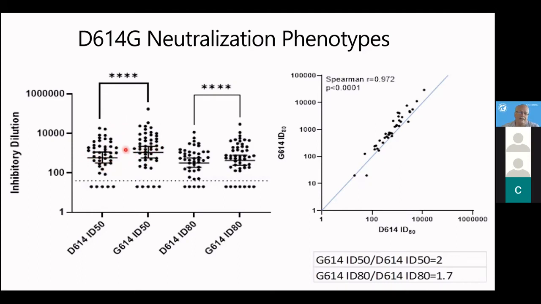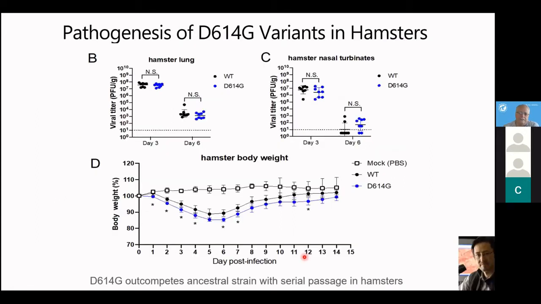This is both at the ID50 and at the ID80 levels. In fact, the G variant is about 2-fold more sensitive to neutralization than the original ancestral strain that came out of Wuhan. And this is just some Spearman correlations showing how well the assays at ID50 and ID80 work.